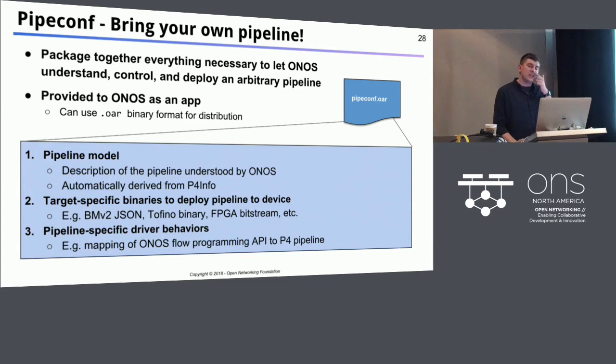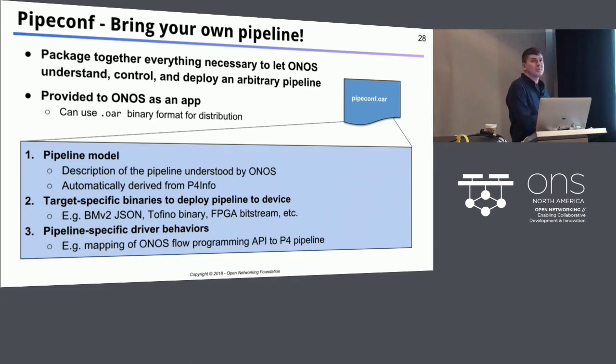A Pipeconf is essentially a way to package together everything that is needed by ONOS to understand, control, and deploy an arbitrary pipeline. It can be distributed as an ONOS app, so you can use the ONOS binary format for distribution, and it contains 3 things. It contains the pipeline model, which is a description of the pipeline that is understood by ONOS and is automatically derived from the P4 info file.